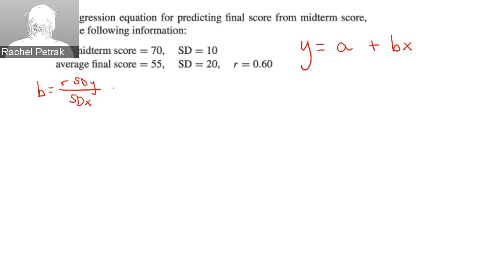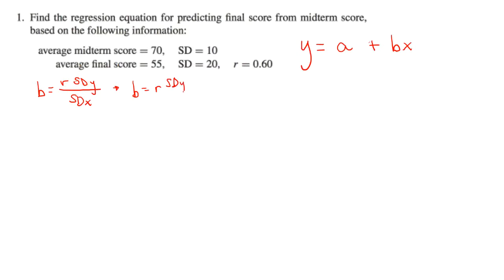Technically, another appropriate way to write this equation mathematically would be b equals r times the ratio of the standard deviation of y over the standard deviation of x. We just are moving the r up to the top because that's mathematically what happens in this context. So just a point of clarification, I got some questions about that earlier.